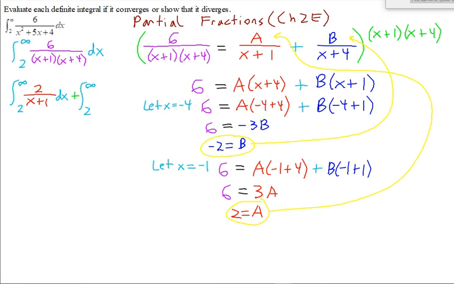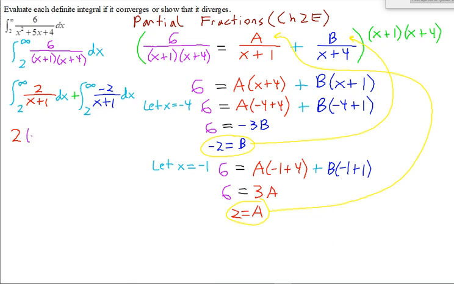B was -2. So -2 over x plus 4. Right, so if we just pull out the 2 here, out in front, notice we're left with 1 over x plus 1. So similar to 1 over x, that integrates to be natural log.